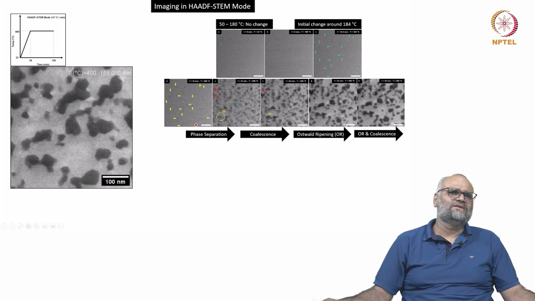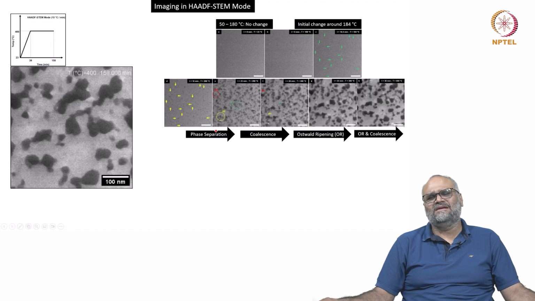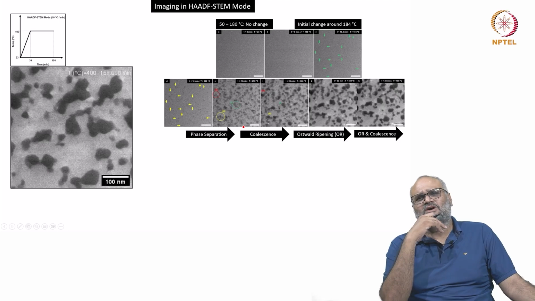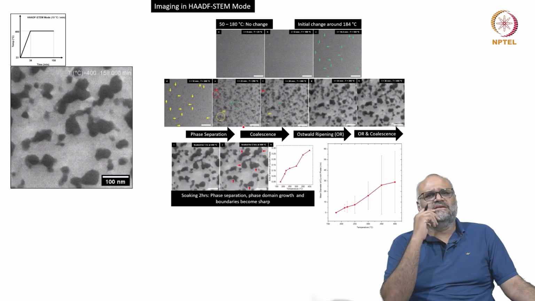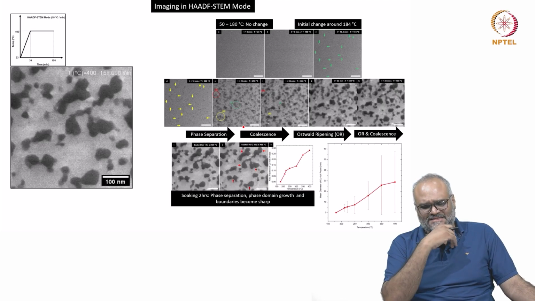So you can notice that the sequence in which the phase separation happens is you have initially phase separation around 180, and then you have coalescence, and you also observe Ostwald ripening and coalescence of some of these silver rich and copper rich domains.